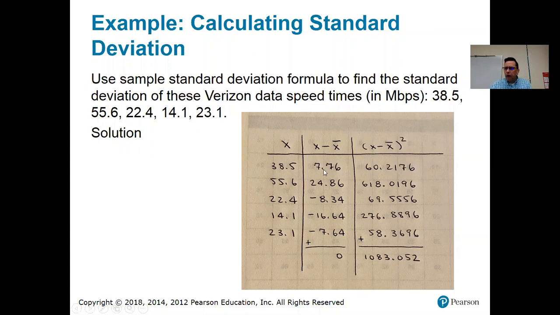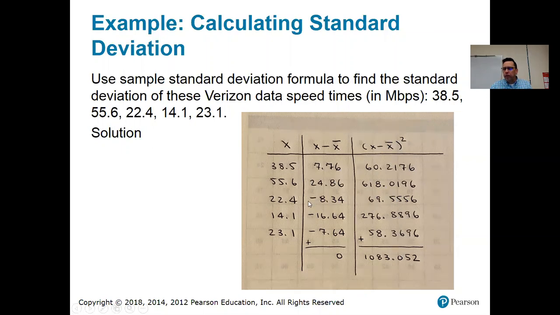All right, so the square of 7.76 is 60 point blah, blah, blah. The square of 24.86 is 618 point blah, blah, blah. Now, this is really, really important. None of these squared numbers in this third column should ever, ever be negative, because the square of negative 8.34 is a positive number.